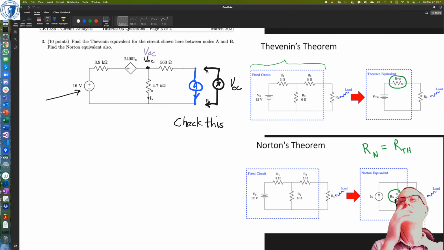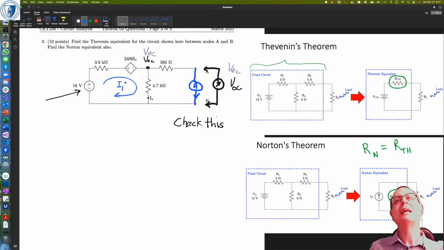Yeah. So VOC is the same at the output as it is over this, and now what we've really got is basically a mesh, right? In this, I'm going to call it I1, but in this case, because there's no current flowing through this resistor, it's the same as IX.